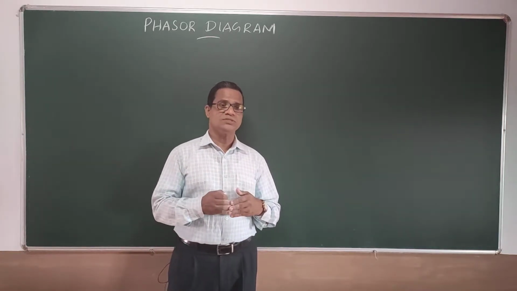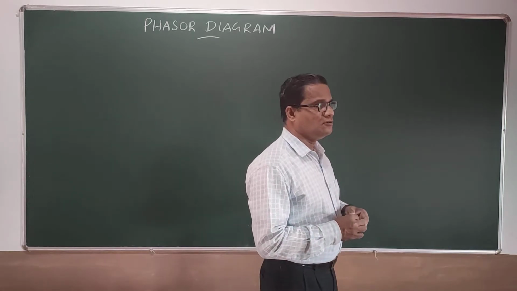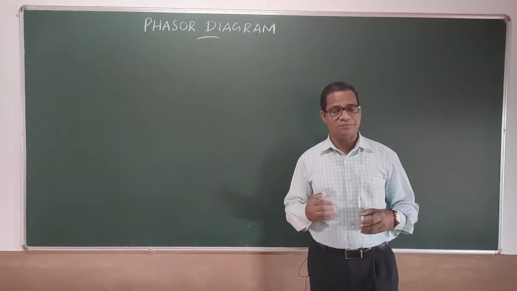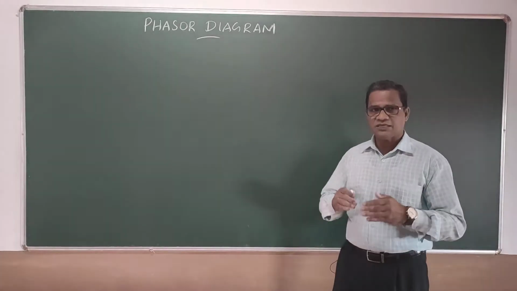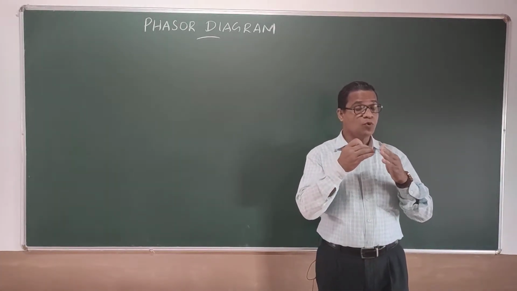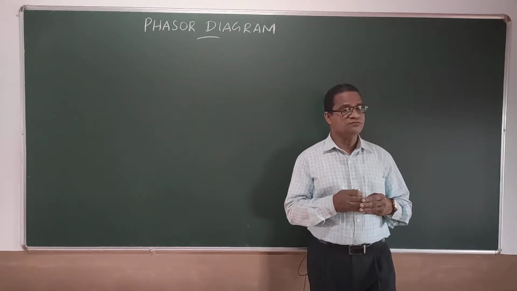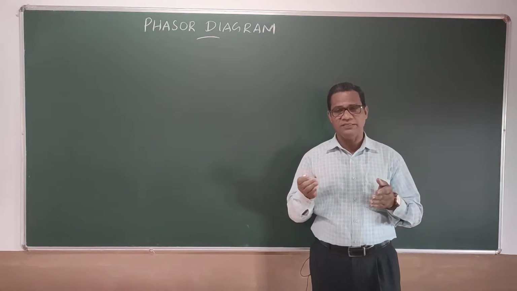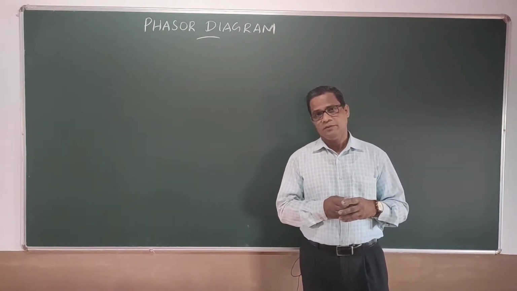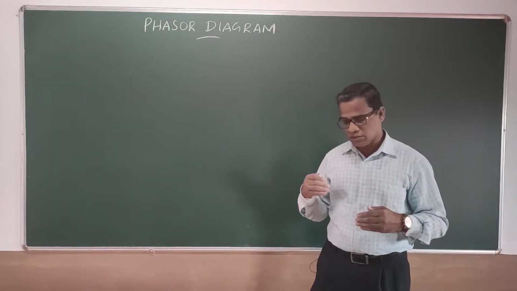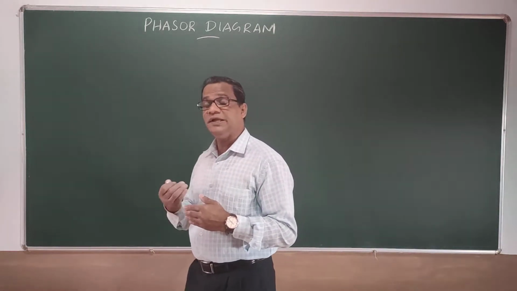Now as you come across the flow through resistance, inductor and capacitor, you can find that this voltage and current will not always be flowing in phase. Sometimes the current will be lagging, or in some cases the current will be leading.